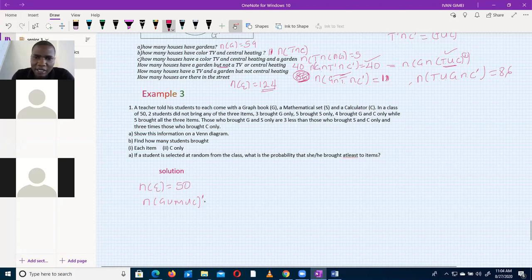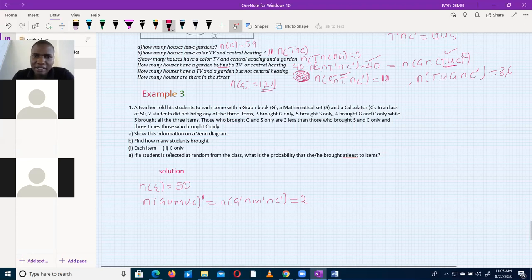Yes. And we said this can also be written as the number of G complement intersection M complement intersection C complement. These 2 are the same. Why do we have the complement outside? When you bring it inside, the unions become intersections. And this we say is the same as 2.